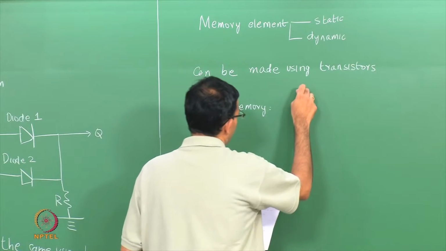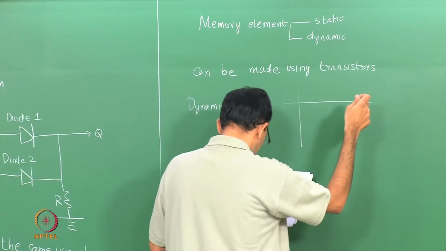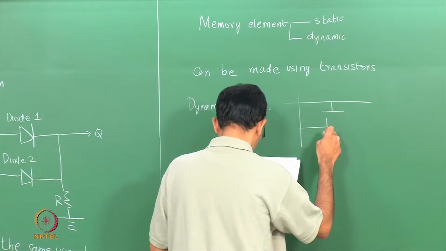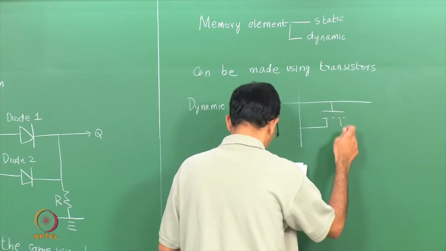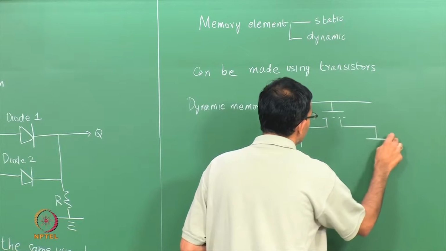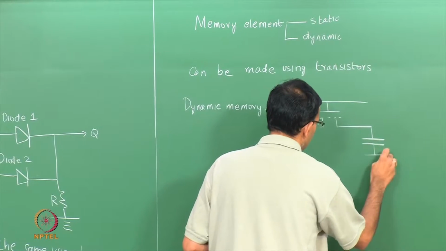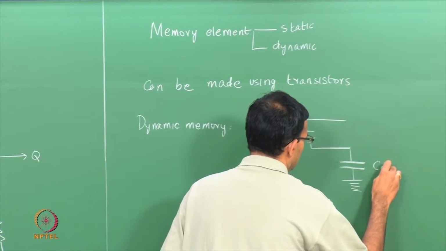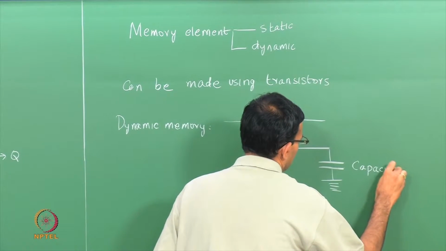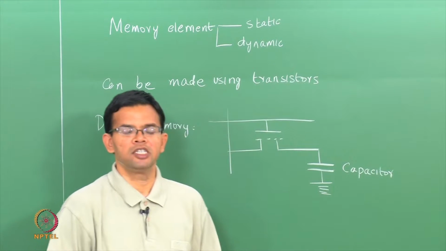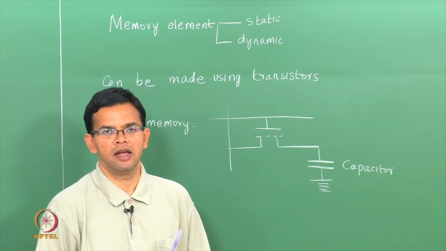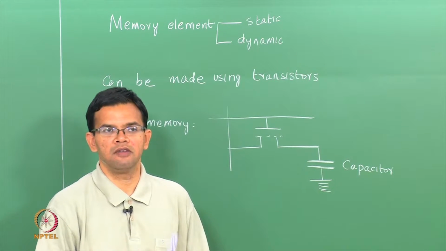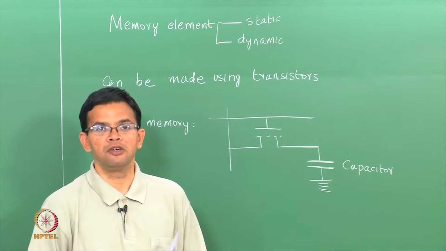A simple schematic of this is shown here. So, you have a capacitor that basically stores a charge. So, the capacitor can act as the storage of memory. So, when the capacitor is charged, you could have a certain value written to it. For example, it could be 1.